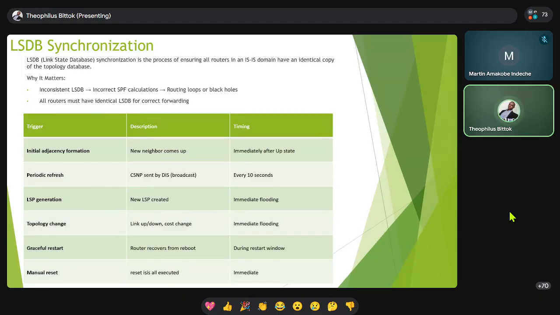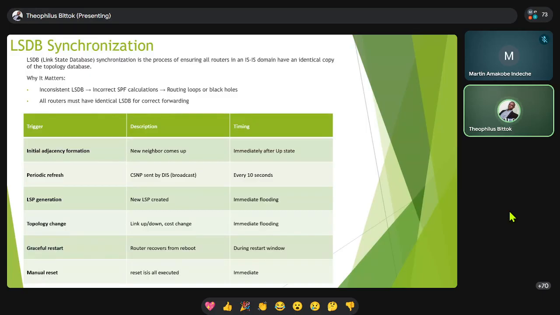So it's just to make sure that if any link is down, we update our LSDB that this link has gone down. If we have alternatives, then we may say this is now our best route to reach router X or router Y. These LSDBs are always flooded either within the area or within the domain.